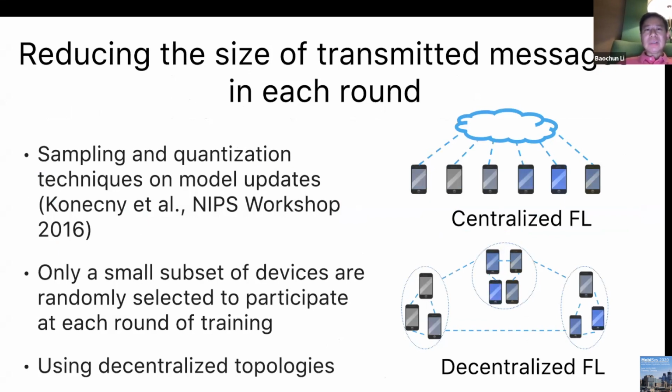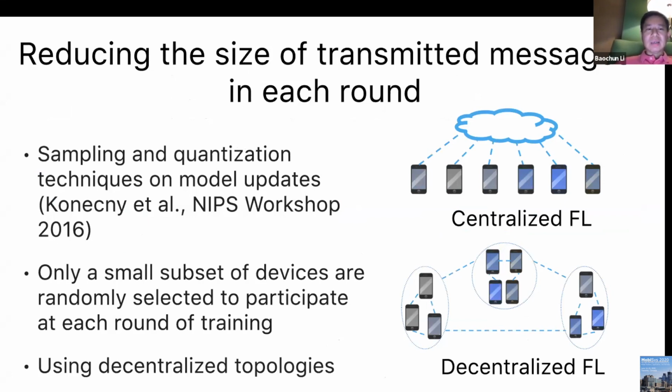If we want to reduce the size of the transmitted messages in each round, we could try to reduce the actual size of the data that we use for sending the model updates by sampling the model updates or by quantizing the actual updates.